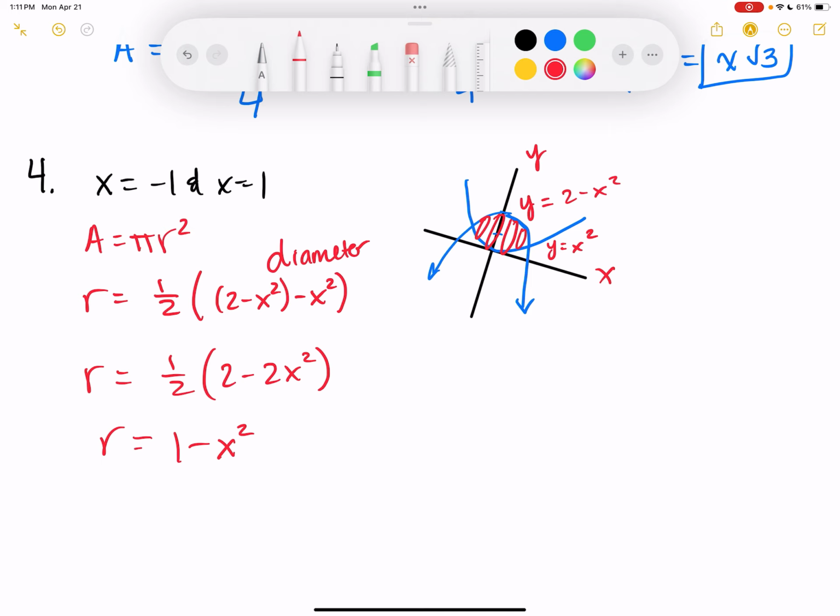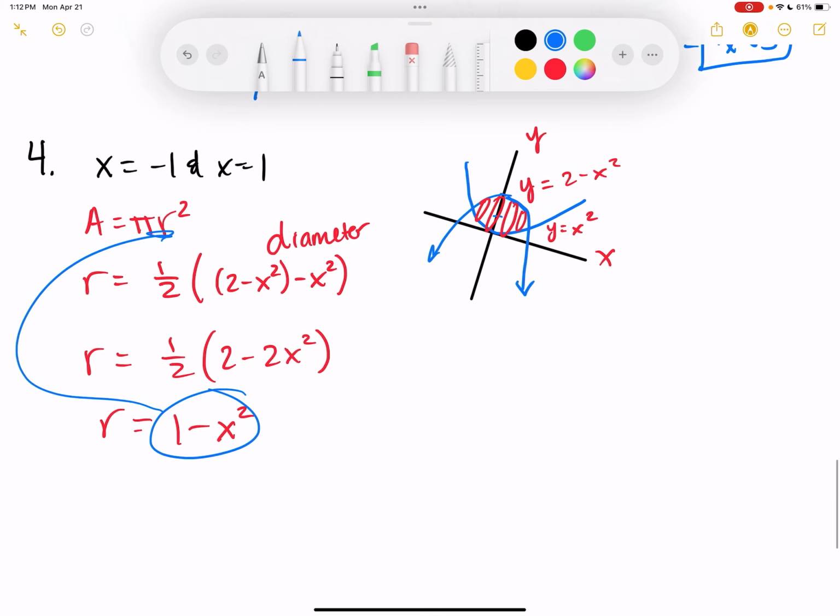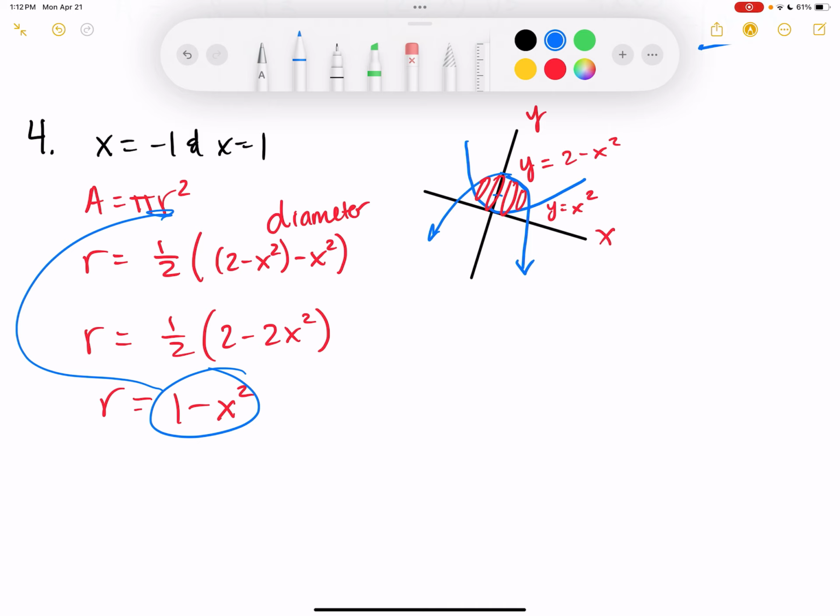So now I take this and put it into this formula, but now I'm integrating because I'm trying to find the volume. I'm going to put pi out front because that's a constant, times the integral from, they told us, negative 1 to 1, of 1 minus x squared, that would be my radius squared.